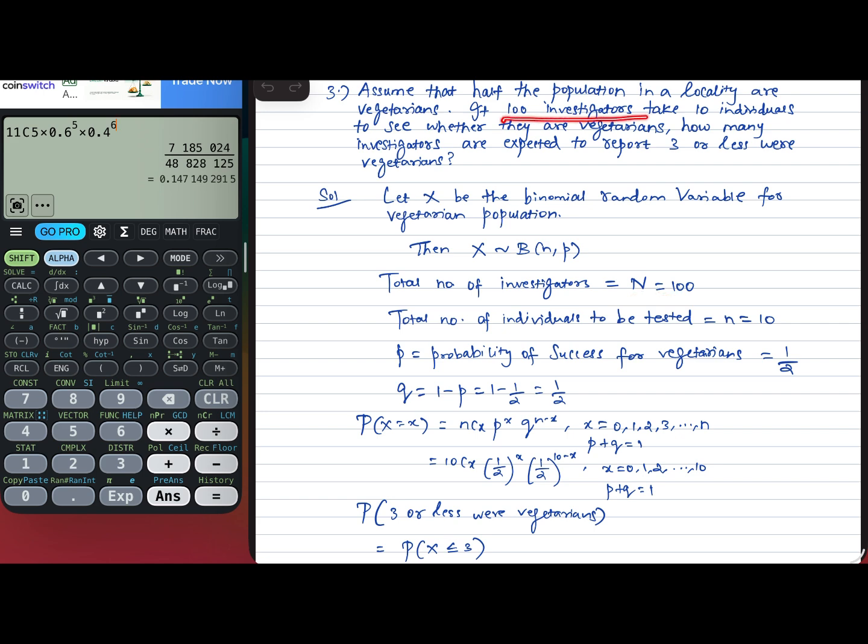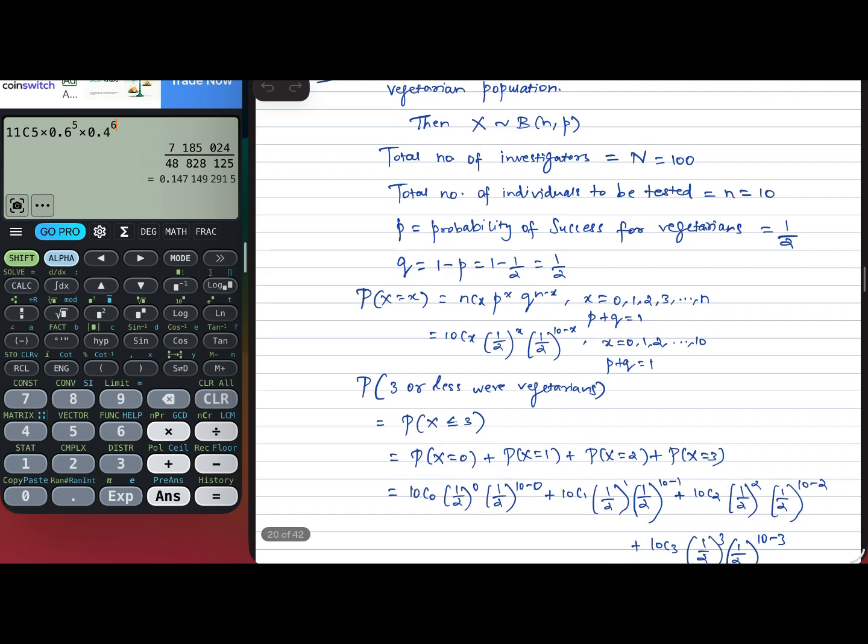The number of individuals they are taking to test is the small n value, which is 10. That is the number of trials. Let P be the probability of success for vegetarians, which is half, 50%. The remaining 50% are non-vegetarians, denoted by Q, that is 1 minus P, which is 1 over 2.